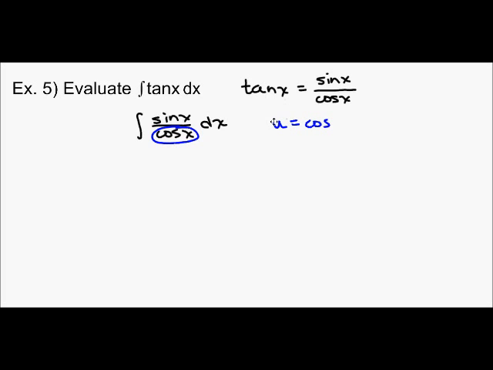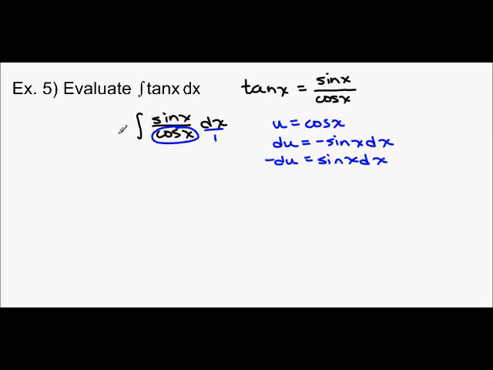And I'm doing this because the dx and the derivative is on the top of my fraction. If I made sine x my u, then du would be split, and I can't really do that. So u is cosine x, which makes du negative sine x dx. But I don't have a negative in my original problem, so I'm going to have to rewrite negative du is sine x dx.